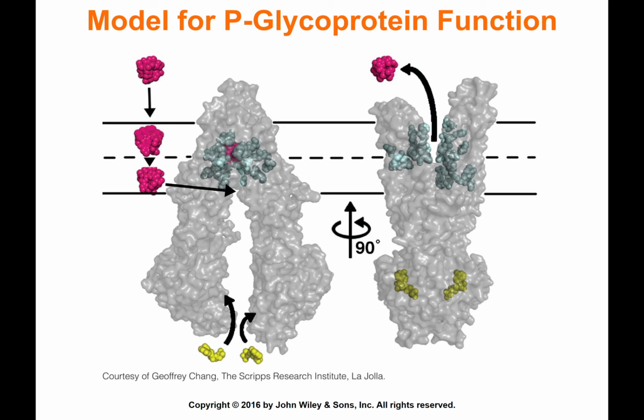So when ATP binds to these proteins, a channel that was open on one side of the cell changes to a channel that's open on the other side of the cell. Initially, this pink protein can come into the channel, bind on one side of the membrane, then ATP binds, and all of a sudden the conformation changes and that protein is now released to the other side of the membrane.